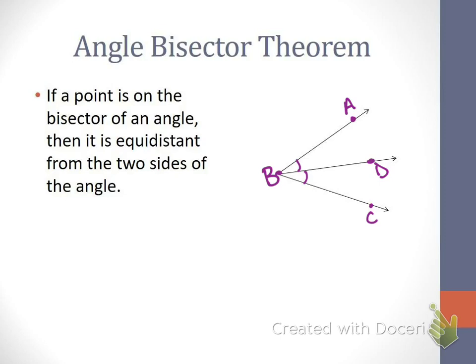So if D is on the angle bisector of it, then point D is equidistant from the two sides of the angle, meaning that DA and DC are going to be congruent. Now, my picture is not perfect, but again, these would have to be the perpendicular distances from that point to the side.